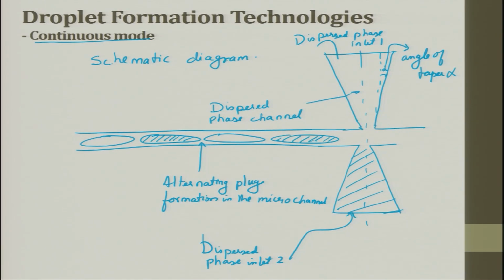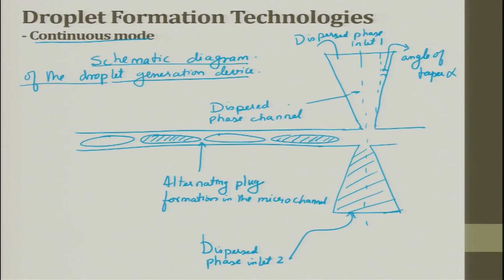This is a schematic diagram of the droplet generating device.